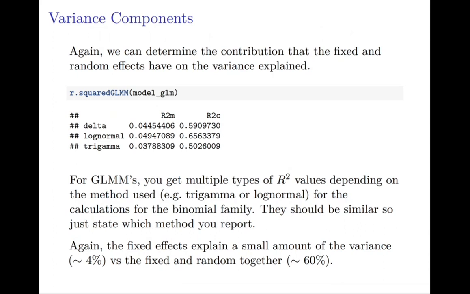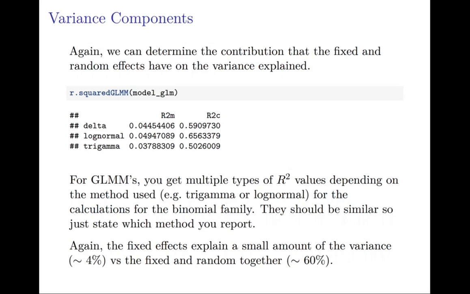We can, again, determine the contribution of the fixed and random effects to the variance explained using the variance components. Again, we use r.squaredGLMM and our model object. Here, unlike the lmer variance components, we actually get multiple types of R-squared values depending on the method used.